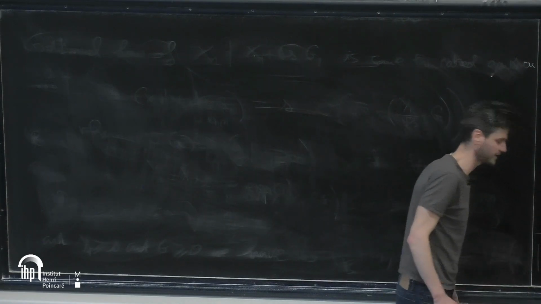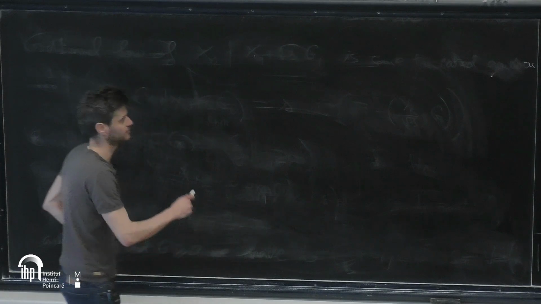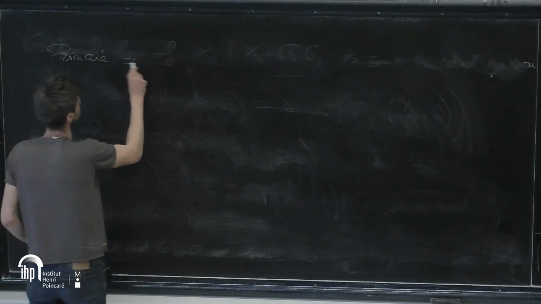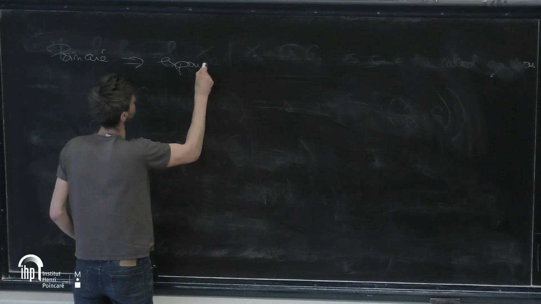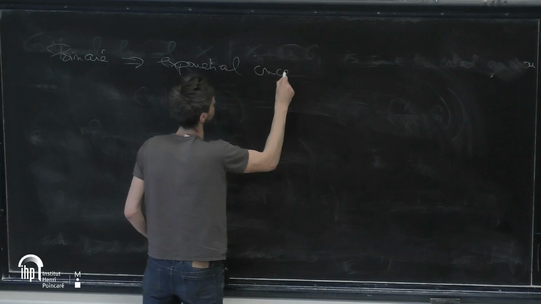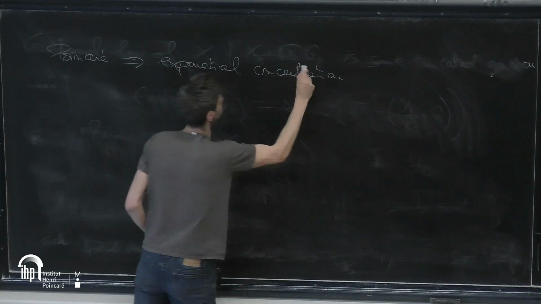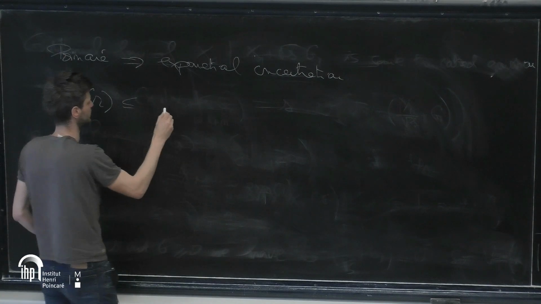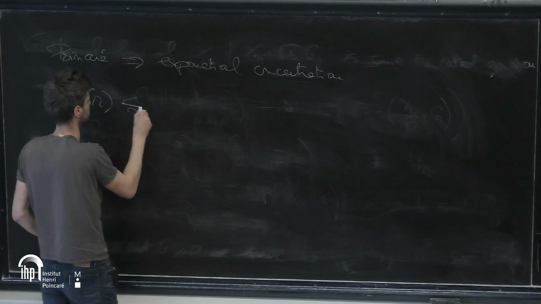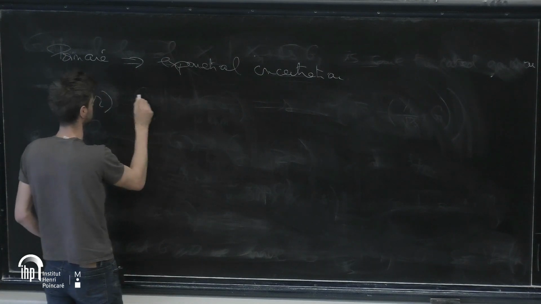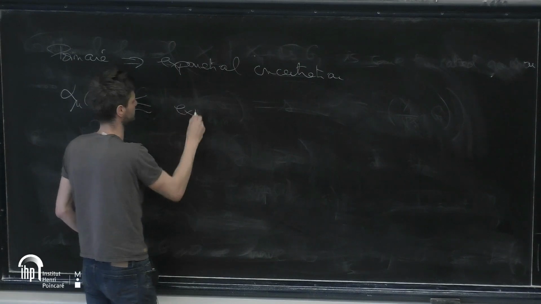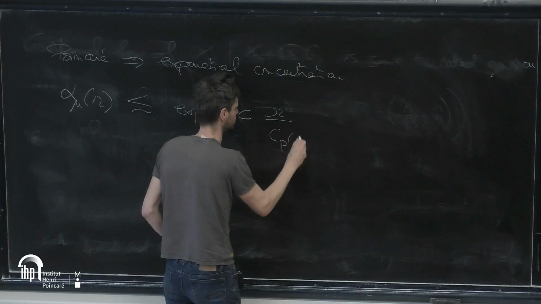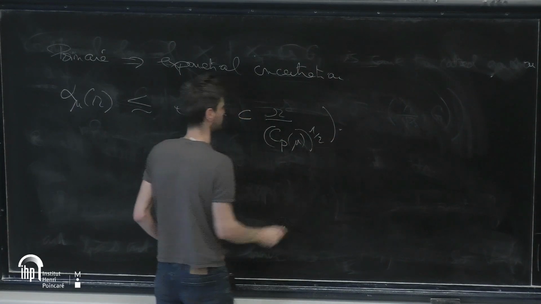In a general case, you're only interested in some upper bound for this concentration function. And the link with Poincaré is Herbst's argument: Poincaré implies exponential concentration. That is, for any measure mu, the concentration function is less than exp of minus C R divided by the square root of the Poincaré constant of mu.